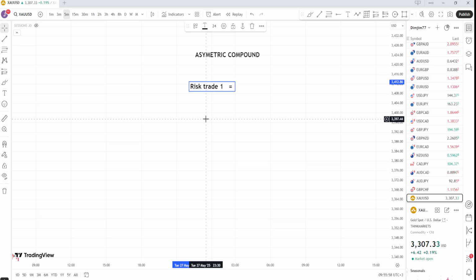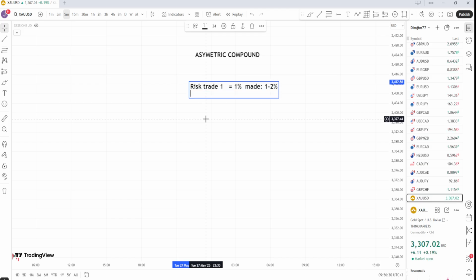You risk 1%, and you calculate whether you made 1 to 1 or 1 to 2. Let's say you made 1 to 2.